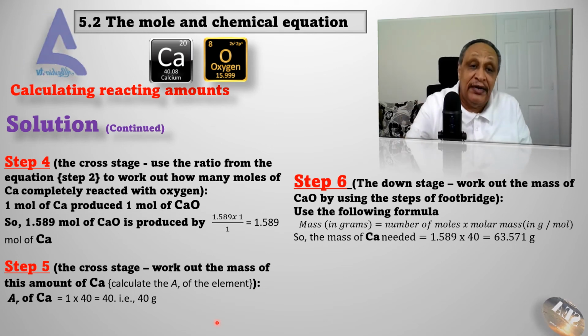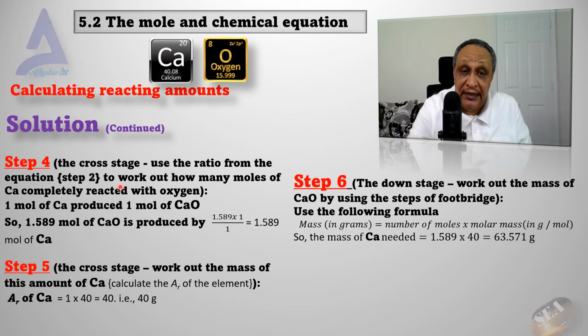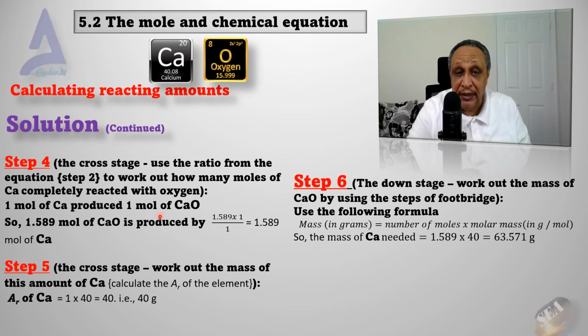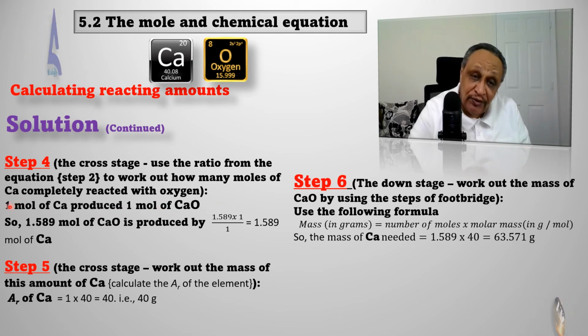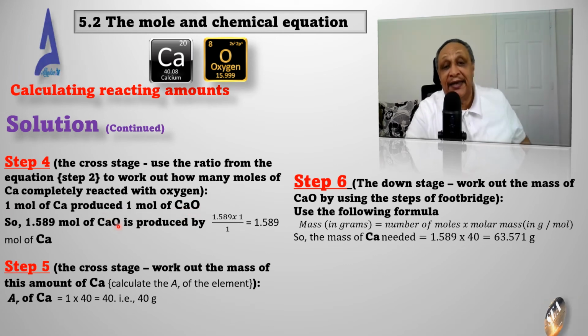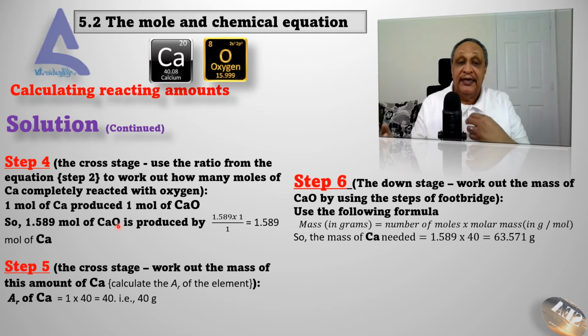So what I'm going to do is use the information to work out how many moles of calcium completely reacted with oxygen in order to produce calcium oxide. As I know, 1 mole of calcium produces 1 mole of calcium oxide, or actually 2 moles of calcium produce 2 moles of calcium oxide, and those are the same because 2 to 2 equals 1 to 1.